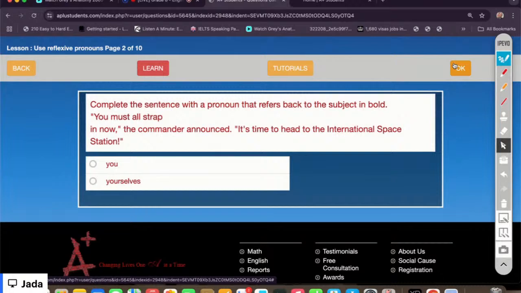So you must all strap yourselves in now. The commander announced it's time to head to the International Space Station. So, what is the right one? What is the right one over here?